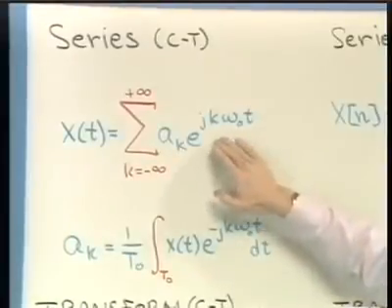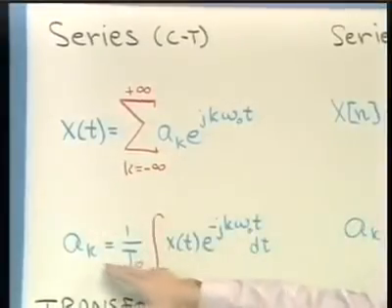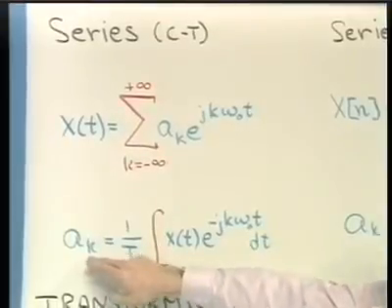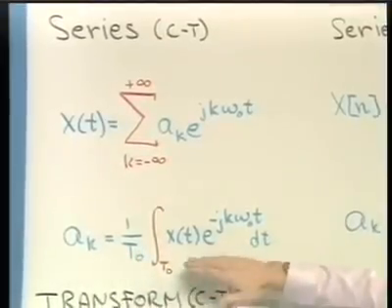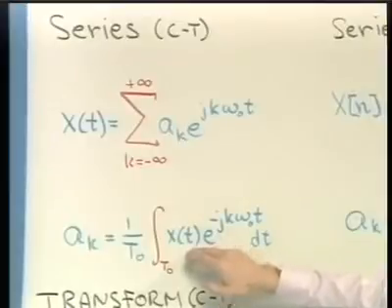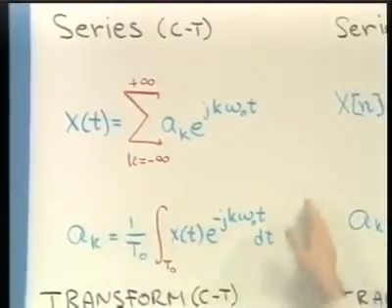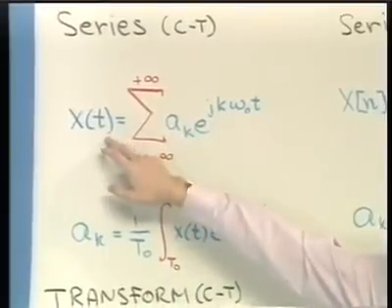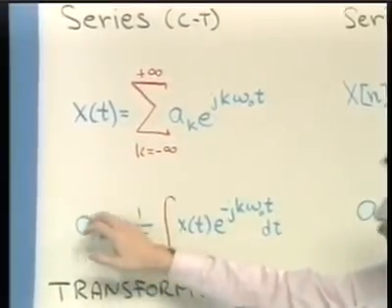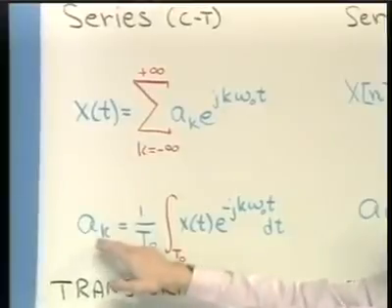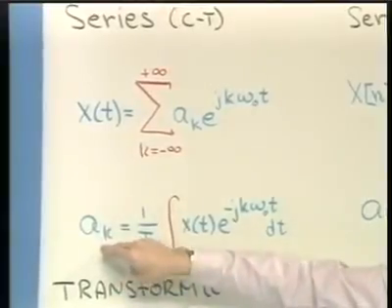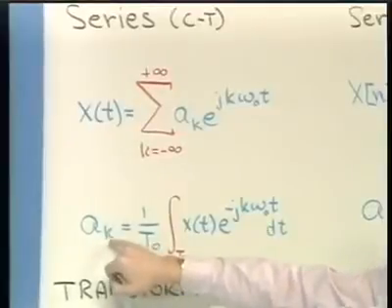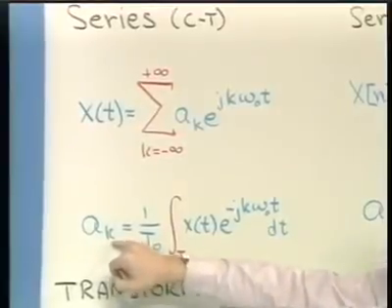And we saw an analysis equation which tells us how to get these Fourier series coefficients through an integration on the original time function. And notice in this that what we have is a continuous periodic time function. What we end up with in the frequency domain is a sequence of Fourier series coefficients, which in fact is an infinite sequence, namely requires all values of k in general.